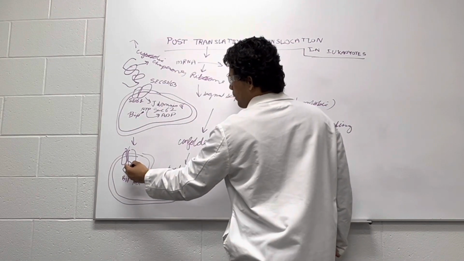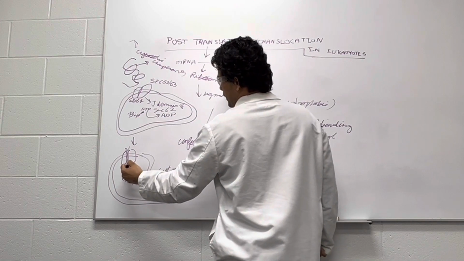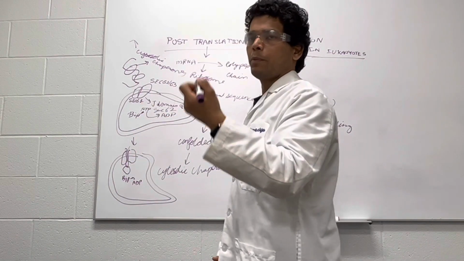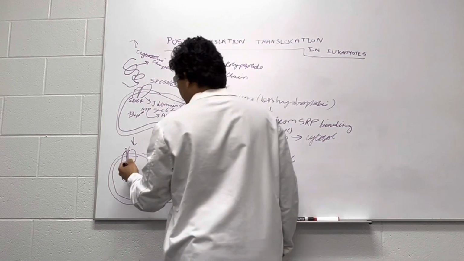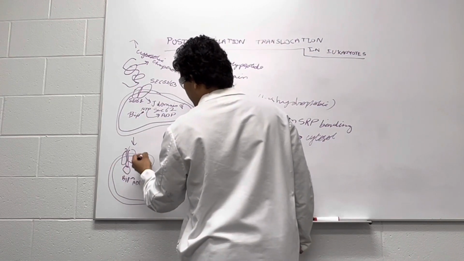The ADP-bound BIP binds to the polypeptide chain and tries to pull it into the ER lumen, and this process continues.